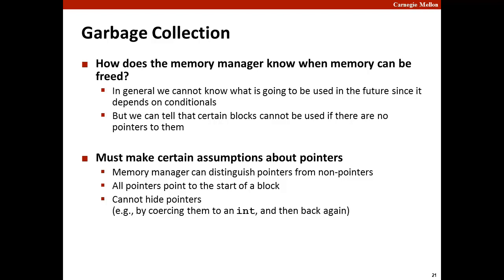So we're really going to be concerned about things that are not usable. Certain blocks that cannot be used because there are no pointers or references to them. If I have an object and nothing points to it, is there any way to identify it? Not by the program, right? If the program can't even talk about it, can it use it? No, right? If I have a pointer to a string in C, and I set my pointer to null, can I use that string?